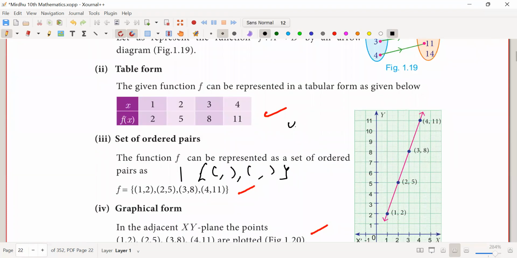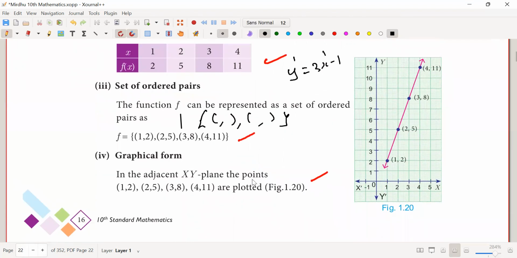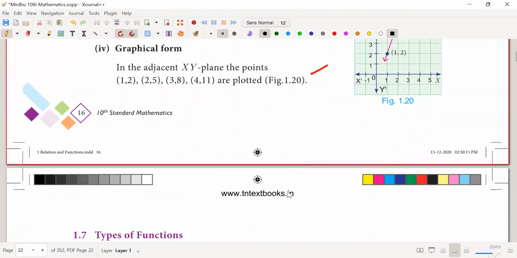We got y equal to 3x minus 1. Since it is power 1, we'll be getting a line. If it's x squared, then we'll be getting a curve. So we are getting a line. We plot the points and move on. This is the graph.